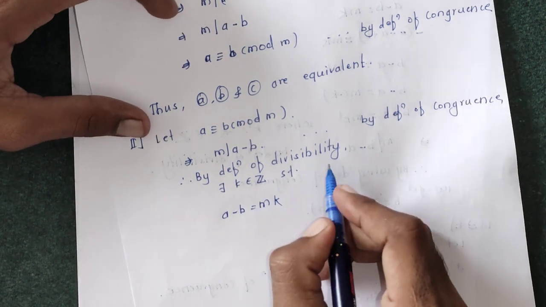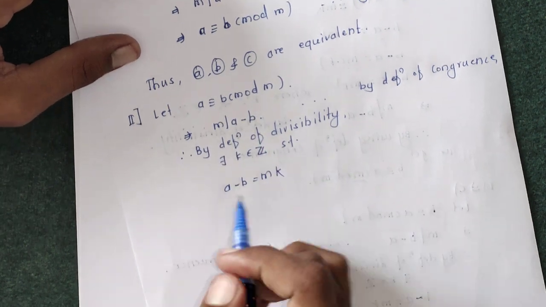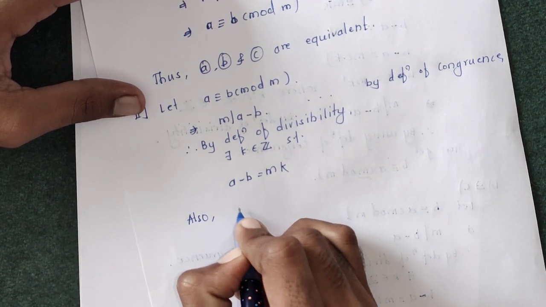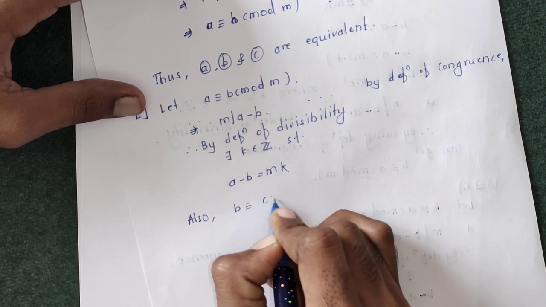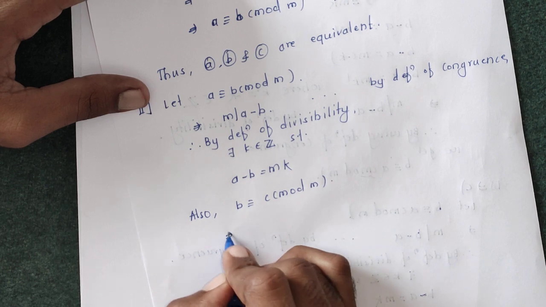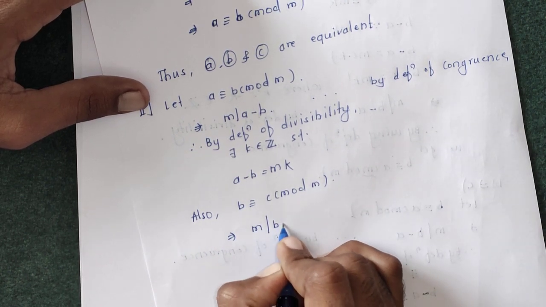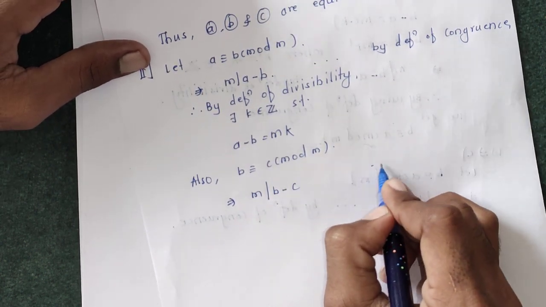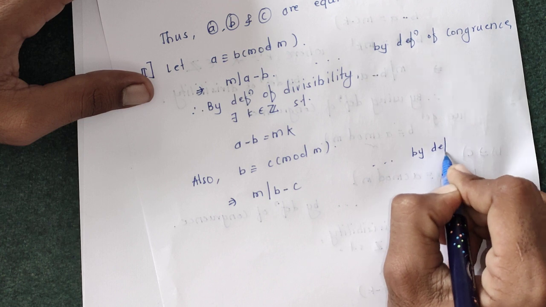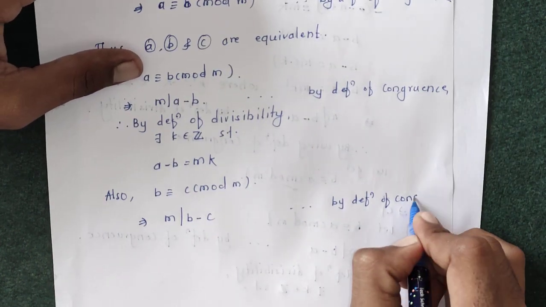Also, we are given that b is congruent to c mod m. This gives us that m divides b minus c, by using the definition of congruence.